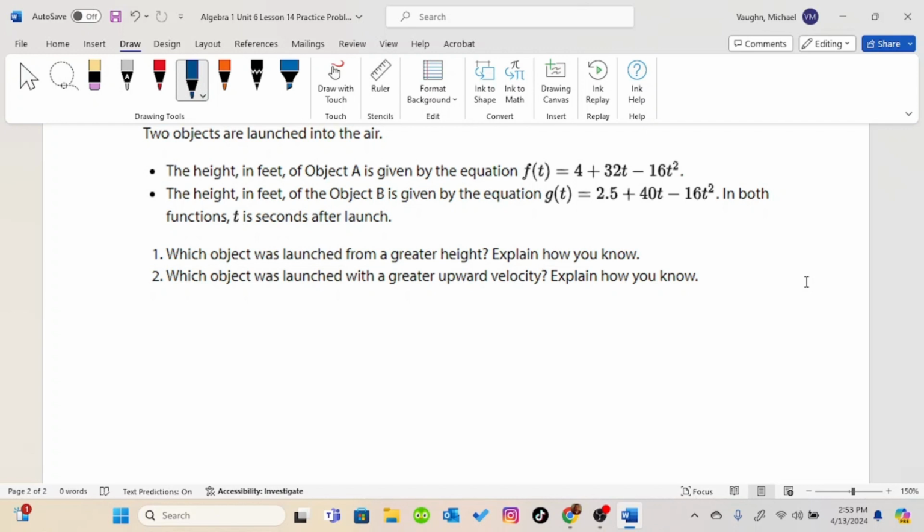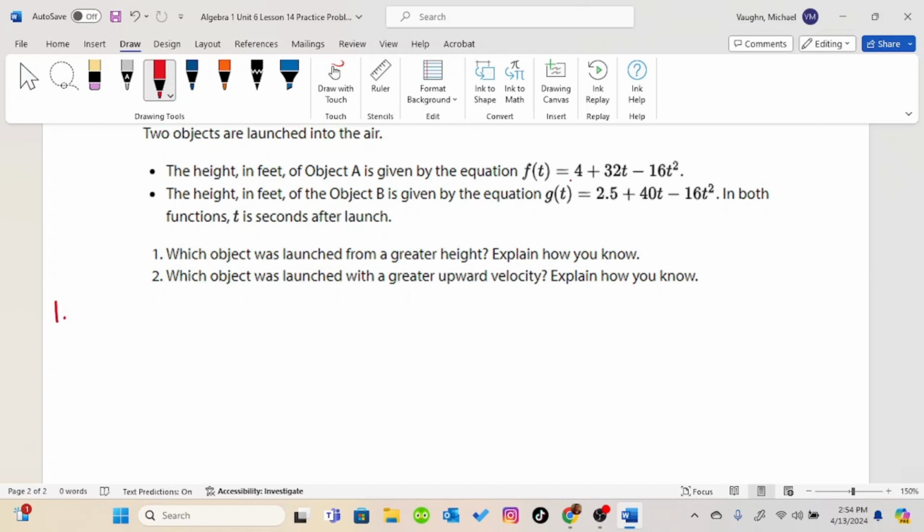The height in feet of object B is given by the equation g of t equals 2.5 plus 40t minus 16t squared. In both functions, t is seconds after launch. Number 1. Which object was launched from a greater height?